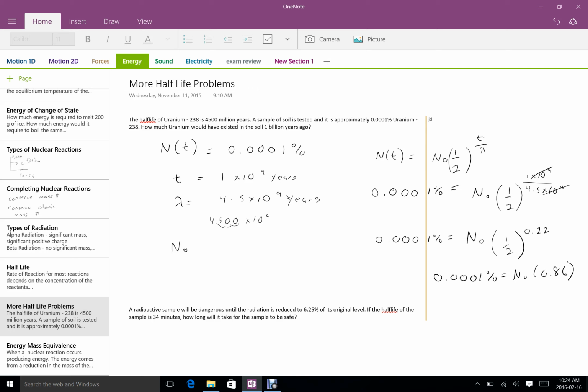Now dividing both sides by 0.86, I get an original amount of 0.000116%. So not much change there, but with such an incredibly long half-life, it's not that surprising. Originally I would have had 0.000116% uranium-238, and that's been reduced to 0.0001% over that number of years.